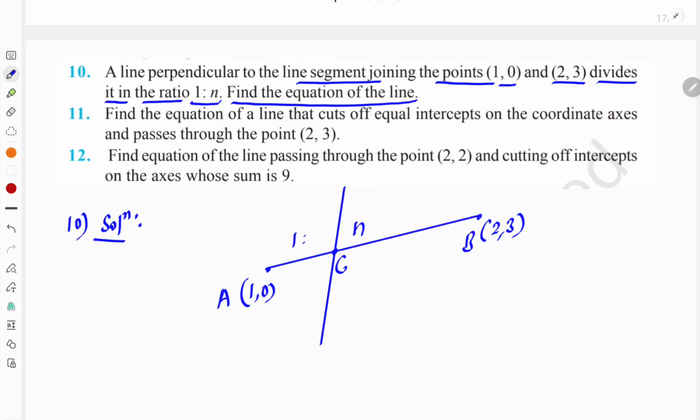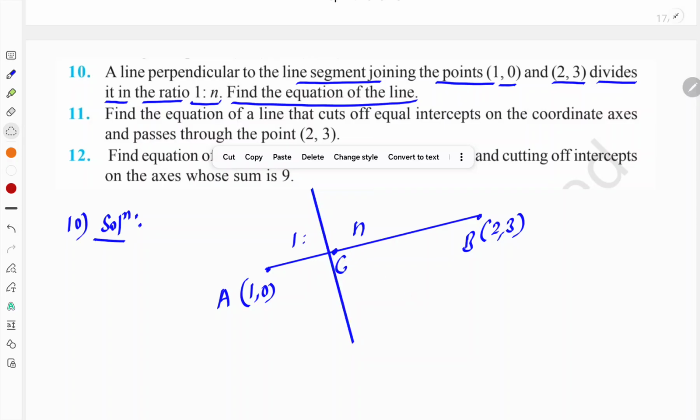We need to find the equation of this line. One more thing, dear student: it says the line is perpendicular to the line segment. Here we could not draw it perpendicularly, so let's make it perpendicular. It intersects the segment perpendicularly at this point.